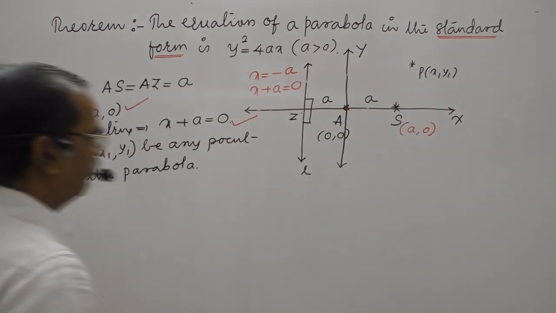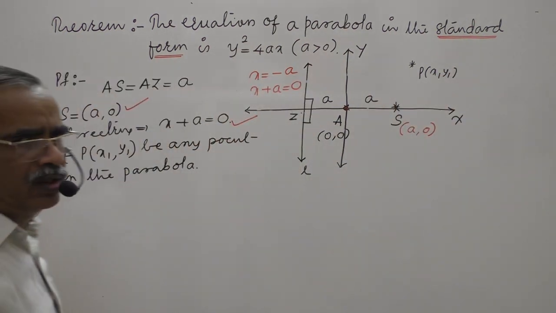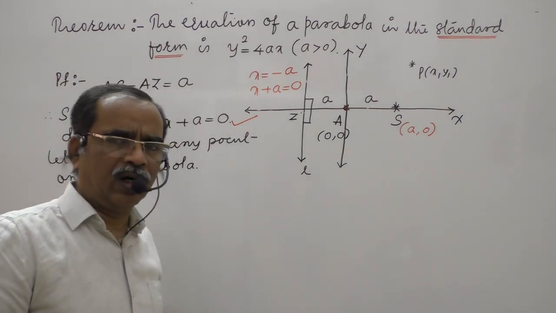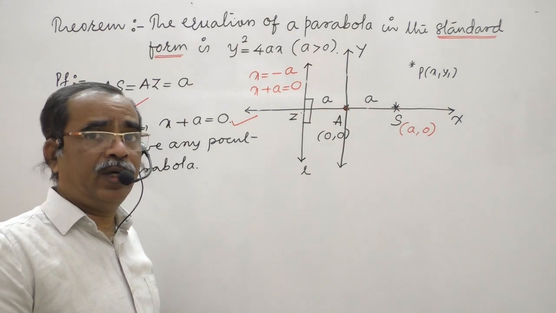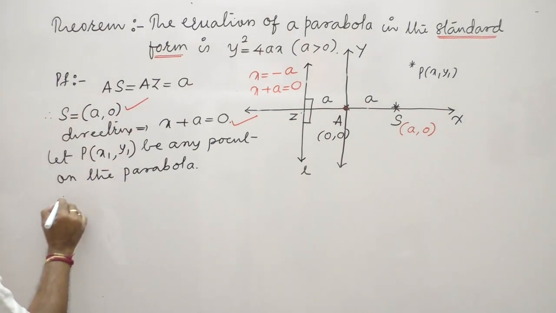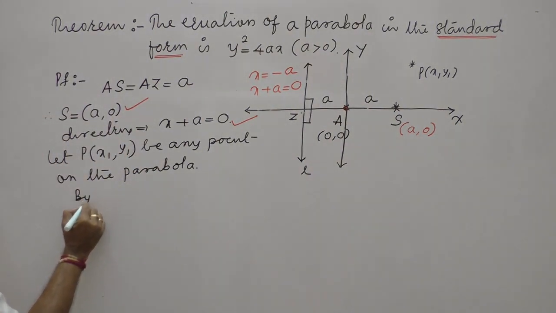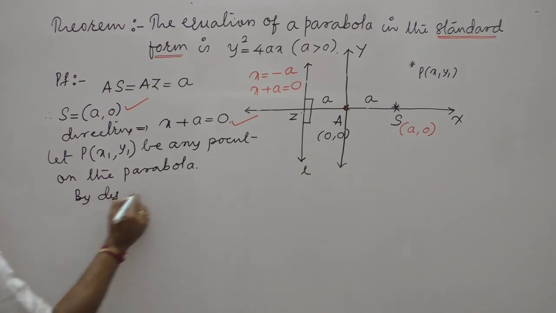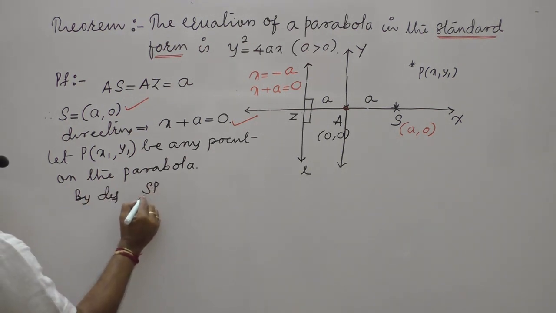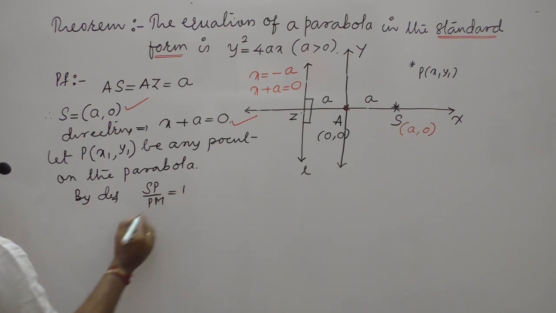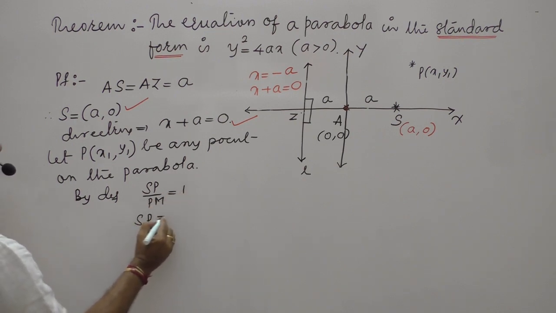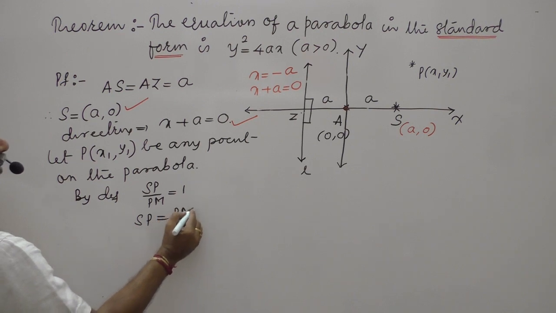Now by the definition, parabola is a locus. Because it is a conic, it is a locus. For every locus problem there will be a condition. What is the condition? By definition, the condition is SP by PM is equal to 1, or the condition can be SP equal to PM.